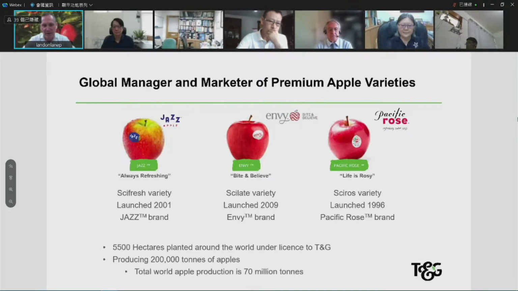Based on the 25 years of experience we've had to commercialize, or to grow, supply and sell these varieties in many countries around the world, I've drawn on some of that experience to make some suggestions about how to enter new international markets with your new tropical fruit varieties. Next slide, please.